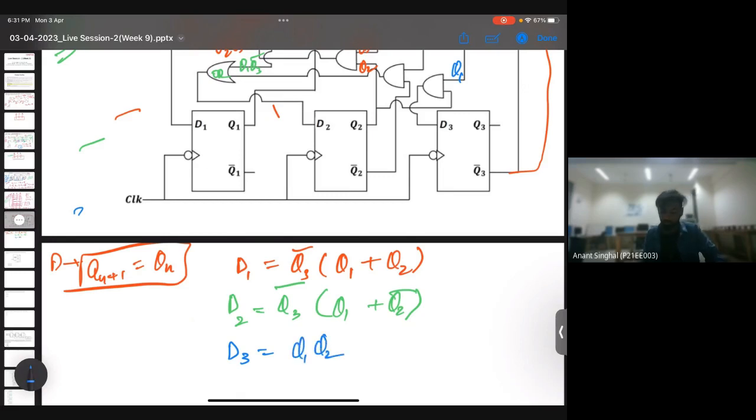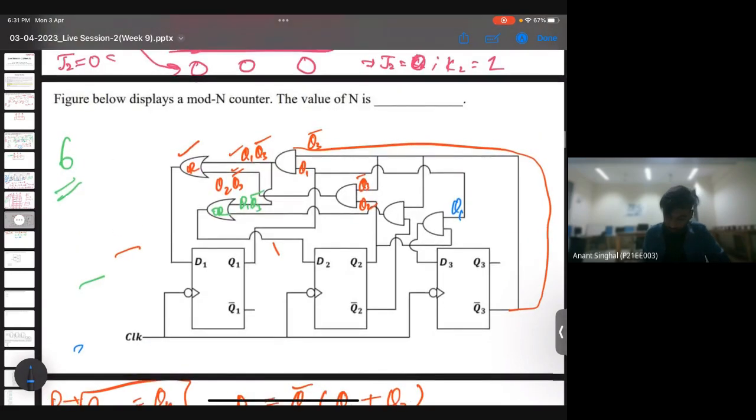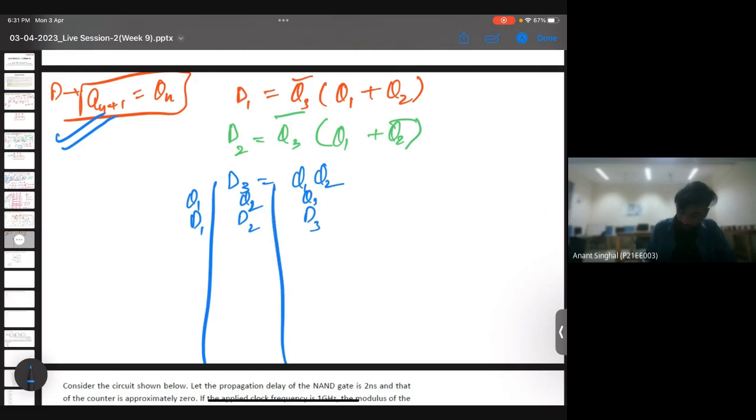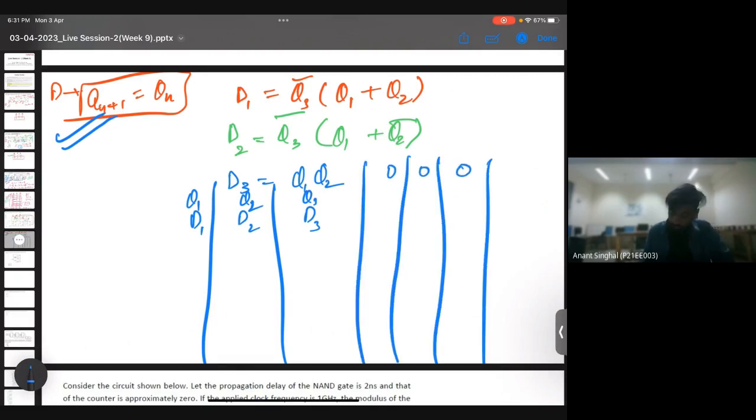So on the basis of it, we'll be writing the equation. We have D1, D2, D3, or Q1, Q2, Q3. Since in the case of D flip-flop, it will work. So let's start with 0, 0, 0 first. D1 will be Q3 bar. Let me write it here.